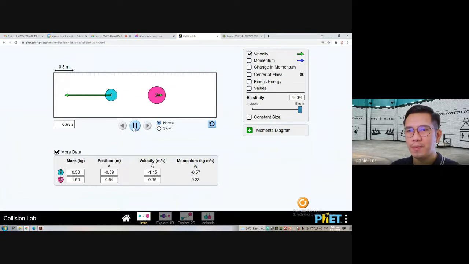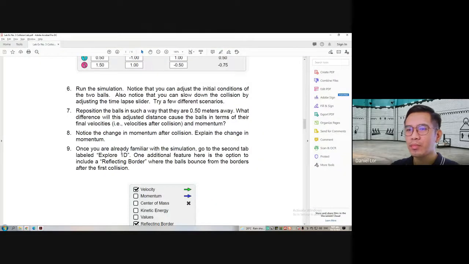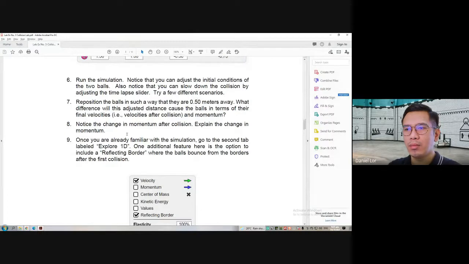If we play, what is the effect of changing the distance on their momentum? Number 8, notice the change in momentum after collision and explain the change in the momentum.